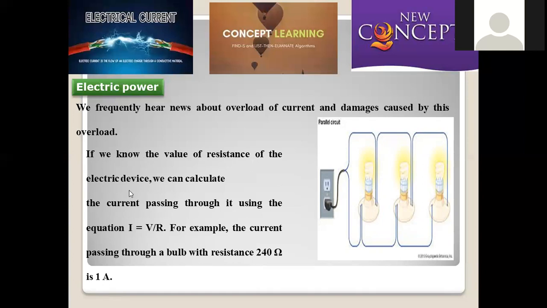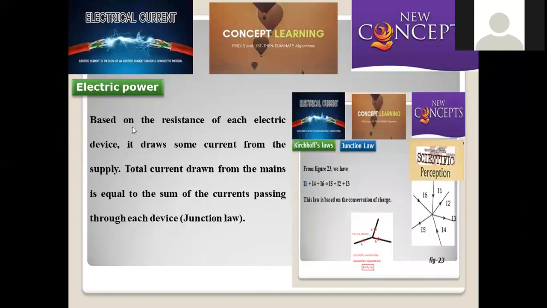So we know the value of resistance in electronic devices and calculate it using Ohm's law, I is equal to V by R. The maximum limit will be 240 volts and 1 ampere. This is the optimized condition, so this is a maximum safe limit. Up to this, we will not face any hazardous impact, even when using the maximum extent of power.